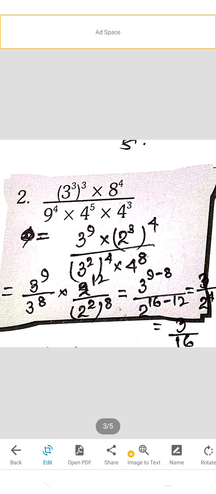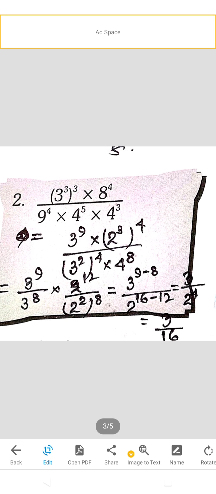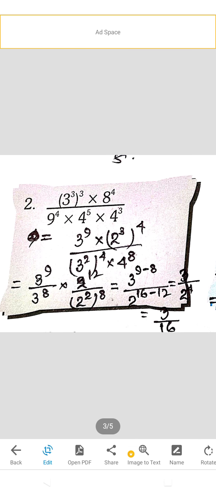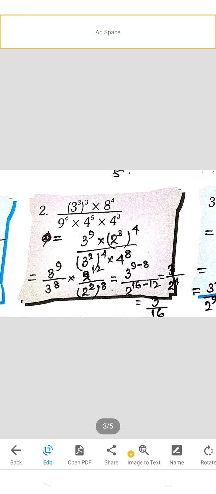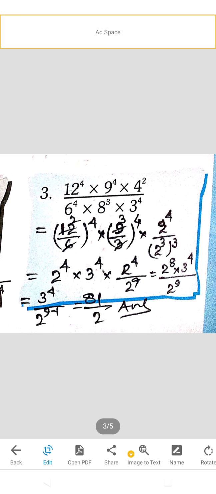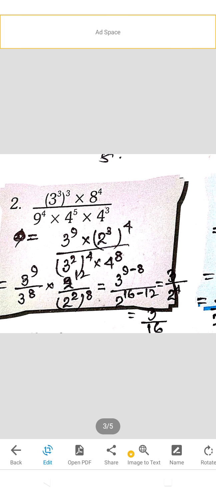In division case you can subtract the exponents, so it can be written as 3 raised to the power 9 minus 8, and by 2 raised to the power 16 minus 12. 9 minus 8 is 1, so 3 in the numerator, 3 by 2 raised to the power 16 minus 12, that is 4. So it can be written as 3 by 16. 2 raised to the power 4 means 2 multiply 2 multiply 2 multiply 2, that is 16. So your answer is 3 by 16.